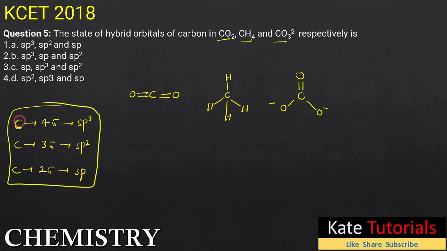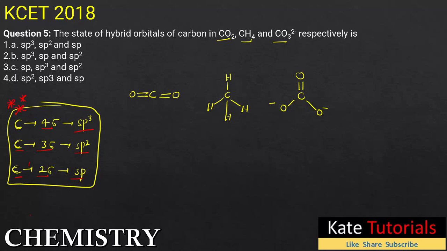If I want to talk about phosphorus, nitrogen, there is a formula that can be discussed later, which will be very important for JEE as well as NEET. But for CET, just remember this thing. Carbon with 4 sigma bonds sp3, carbon with 3 sigma bonds sp2, carbon with 2 sigma bonds sp.